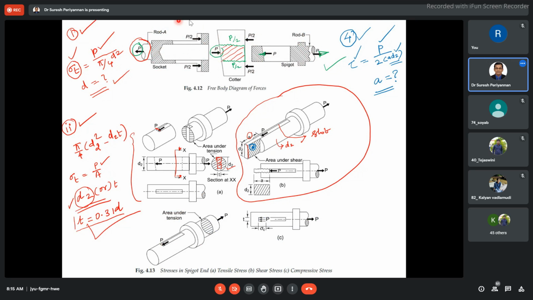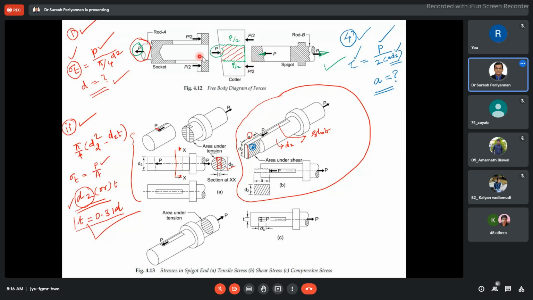When we assemble these three components, spigot, cutter, and socket, especially in this region, the resultant force is going to be 0. For example, this P by 2 is acting in the rightward direction in the socket, but this P by 2 in the cutter is acting in the left direction, then the sum is going to be 0.